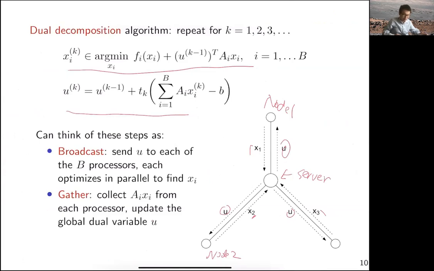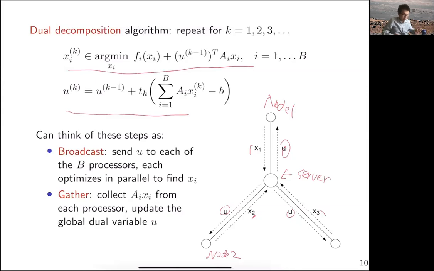Or maybe they're all in the same machine, where the server is the CPU, and every node is one unit of the GPU, one processor on the GPU, having their own memory and so on. And the communication channels are more complicated, but this remains a pretty useful abstraction to think about distributed optimization.